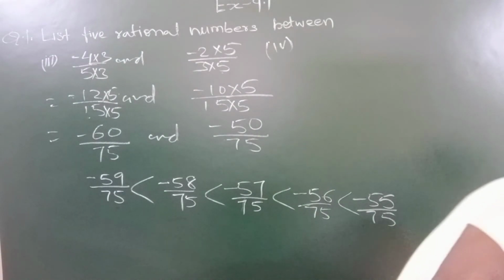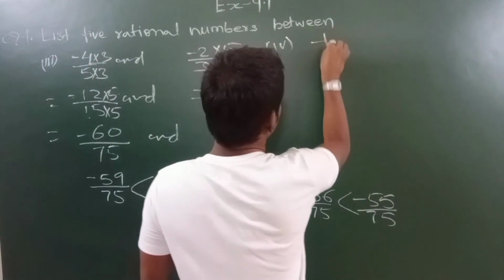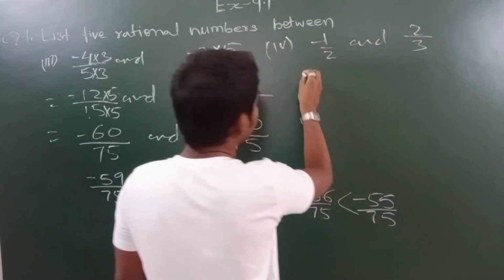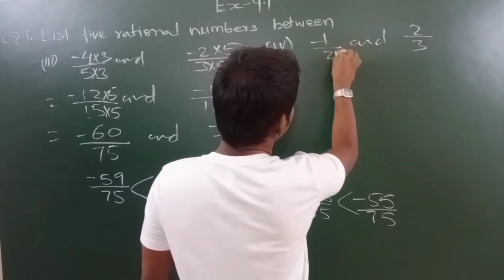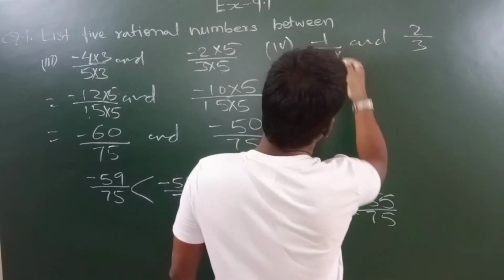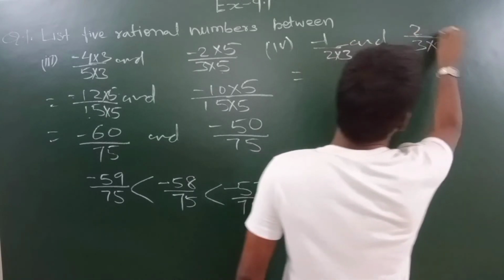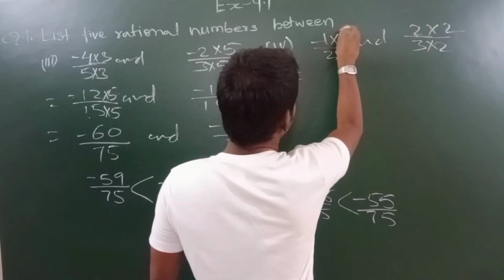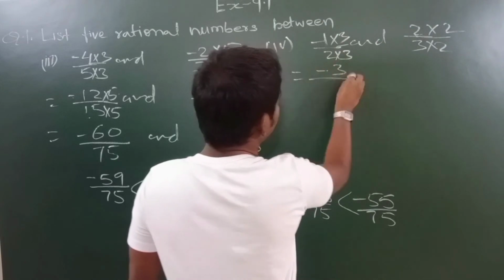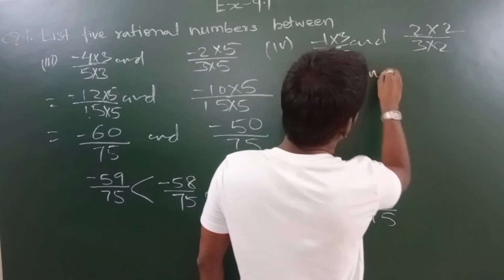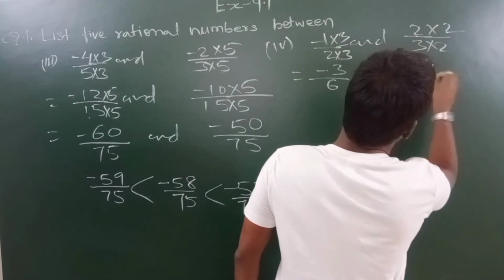It is -1/2 and 2/3. Again first we will equate the denominators. So here we will multiply by 3 and here by 2. Here also multiply by 2 and here also by 3. Now after multiplying, 3 times -1 is -3, 3 times 2 is 6, and here 2 times 2 is 4 and here 6.